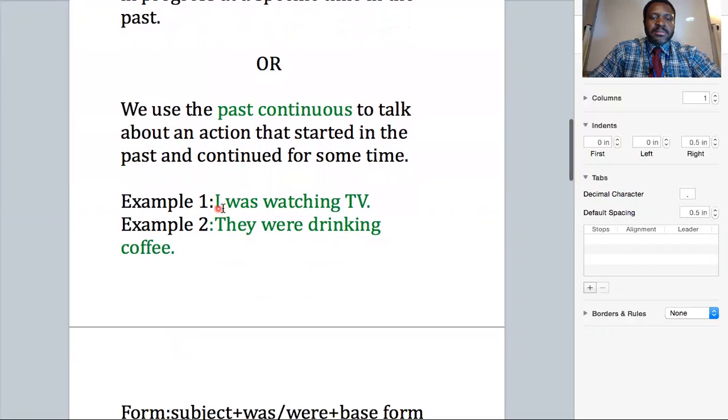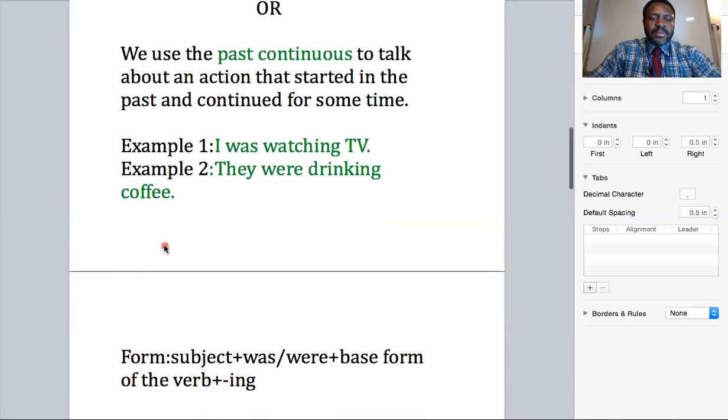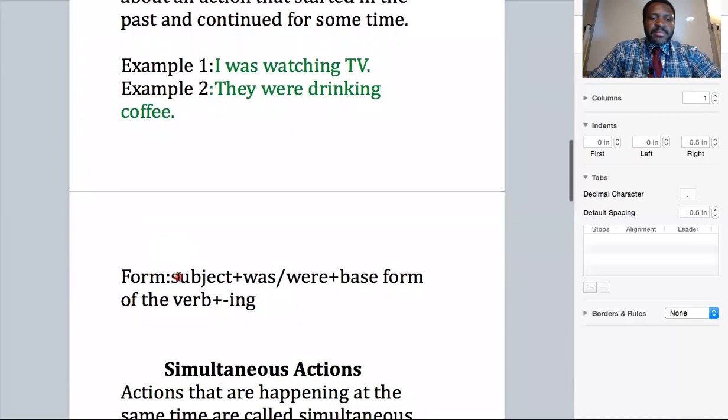Example 1, I was watching TV. Example 2, they were drinking coffee. The grammar form, the subject, plus was or were, plus base form of the verb, plus ing.